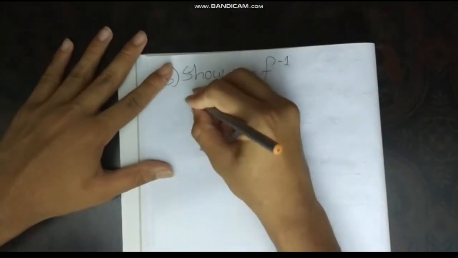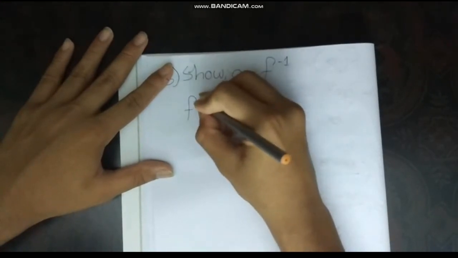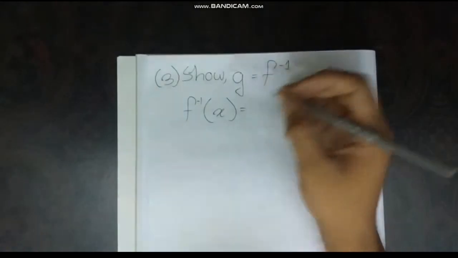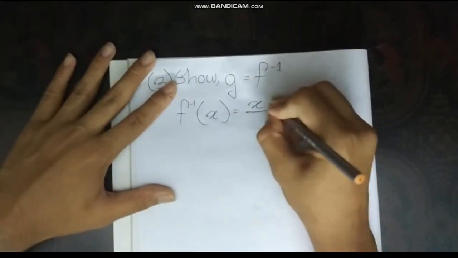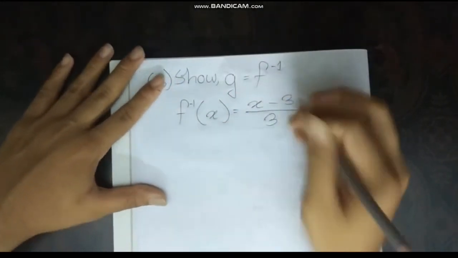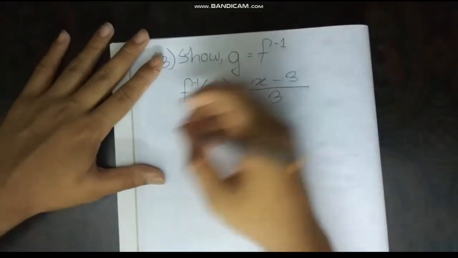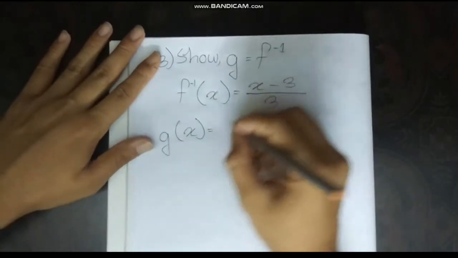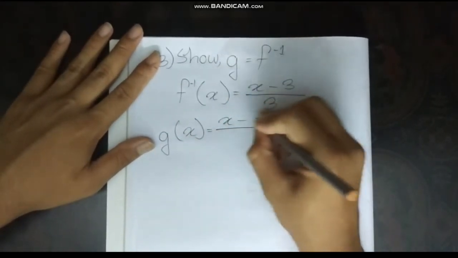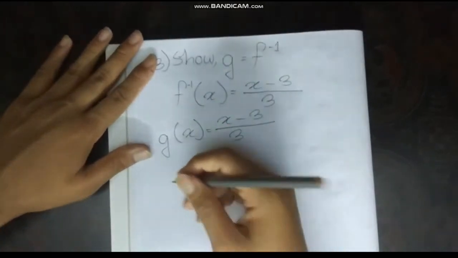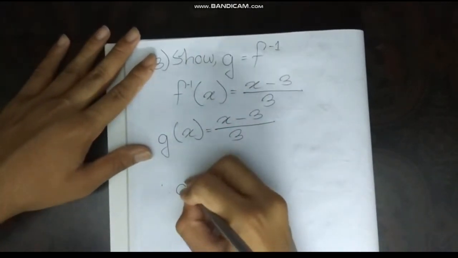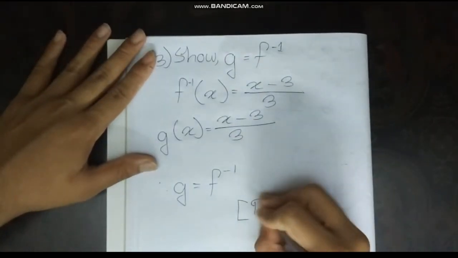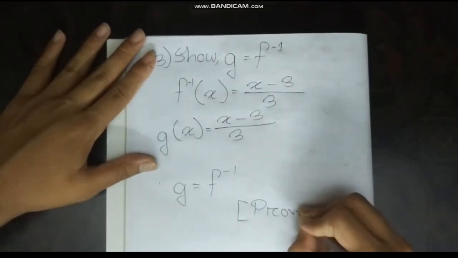You just need to show that f inverse of x is equal to x minus 3 divided by 3, and then you put that the value of g of x is also equal to x minus 3 divided by 3. Therefore, we can obviously say that g is equal to f inverse. That's proved.